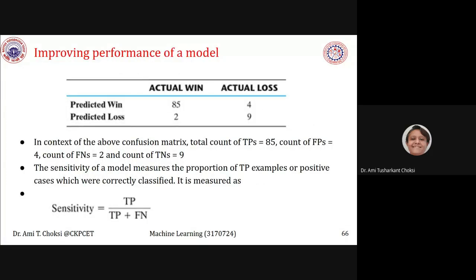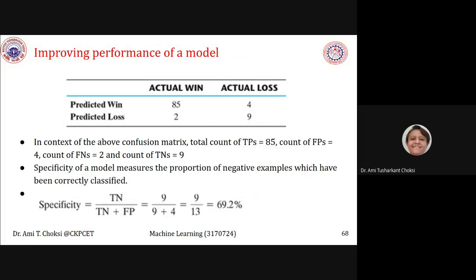So for sensitivity, sensitivity of the model measures the proportion of TP examples or positive cases which were correctly classified, and that is equal to TP upon TP plus FN. So we'll be having 85 upon 85 plus 2 and that is equal to 97.7.